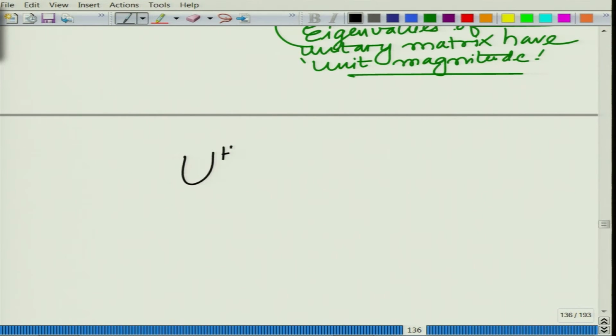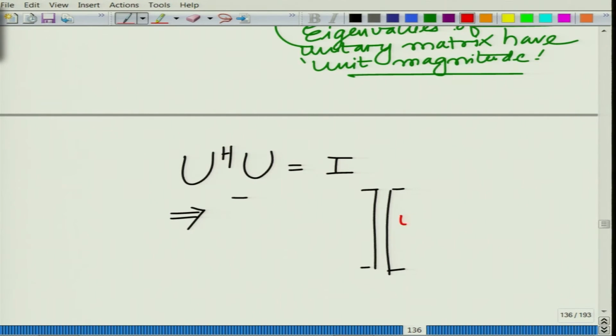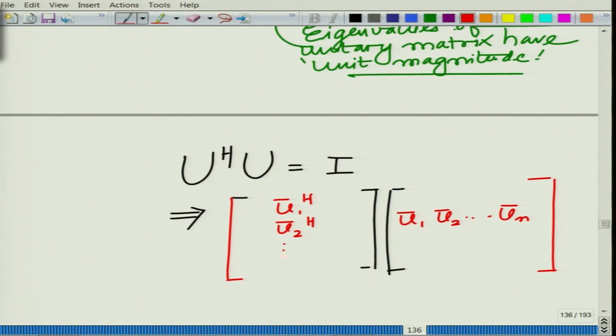We have U Hermitian U equal to identity, which we write in terms of the columns. If the unitary matrix has the columns u1 bar, u2 bar, up to un bar, let us say an n cross n matrix, then U Hermitian will automatically have rows u1 bar Hermitian, u2 bar Hermitian, un bar Hermitian.